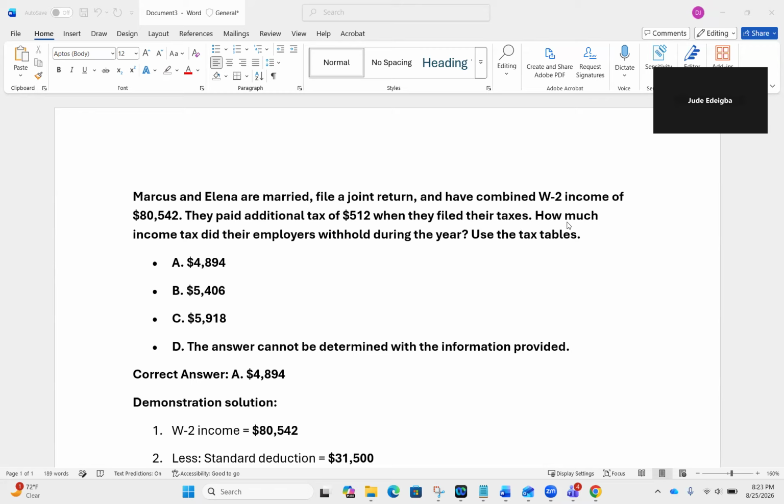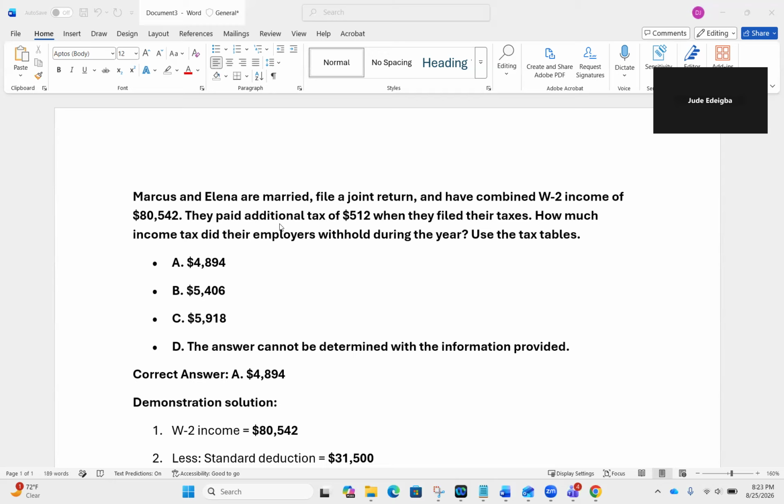How much income tax did their employers withhold during the year? Use the tax table. Now, I'll read that again. Marcus and Elena are married. They file a joint tax return and have a combined W-2 income of $80,542.